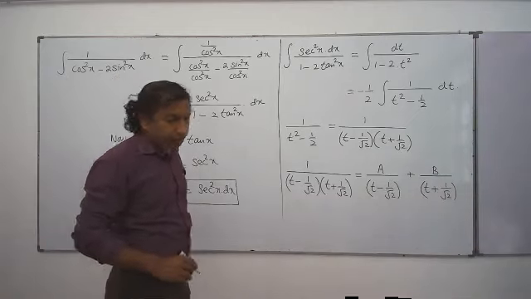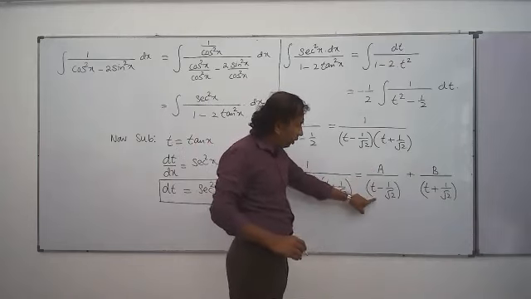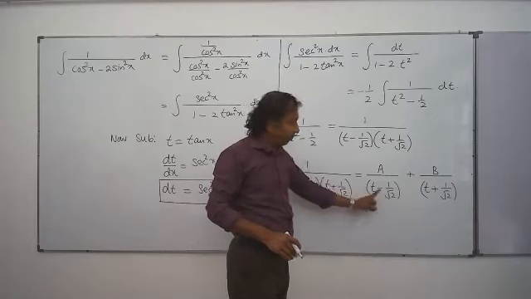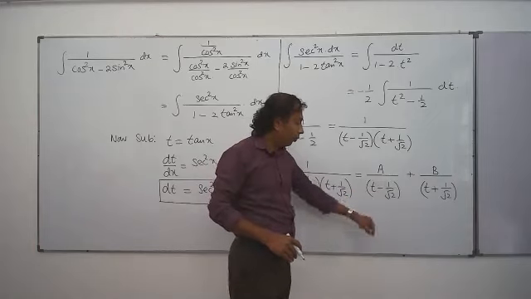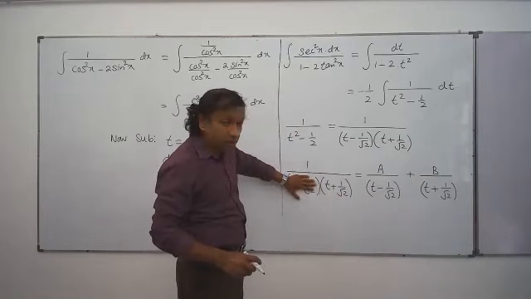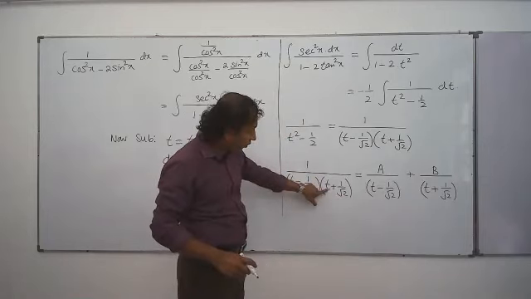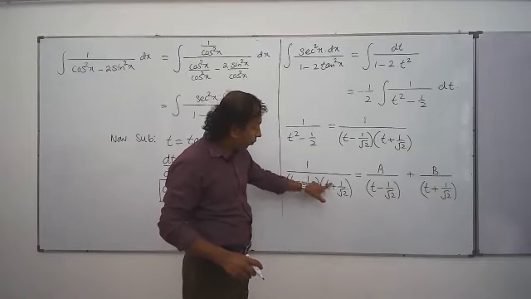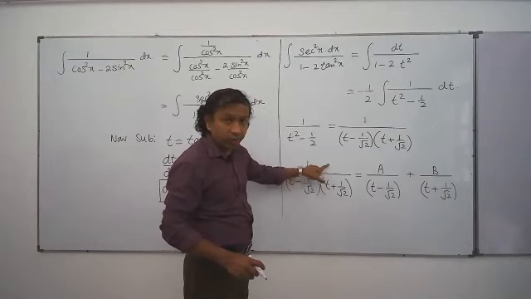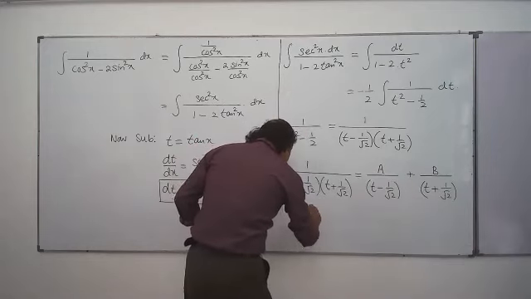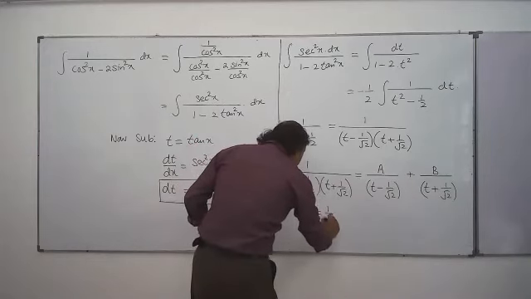Use a shortcut. What a shortcut, people? When you find this a, come to denominator, equate that denominator to 0, find t. T is 1 over root 2. The same factor we close in the left hand side. Substitute that t we got here for this t, 1 over root 2. 1 plus 1, 2 over root 2. Right? 2 over root 2 means root 2 here. Then we get 1 over root 2 as what is a. A is 1 over root 2.